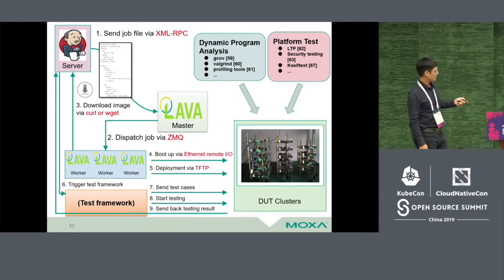Then we download the image from Jenkins and send the image to the devices. Next, we trigger a test framework, which sends the test cases and starts testing. We have several tests, such as dynamic program analysis and platform test, to ensure the quality of the product.